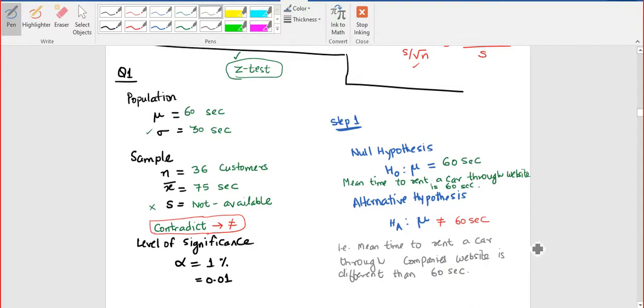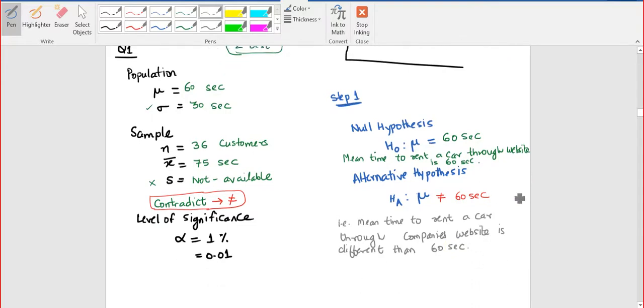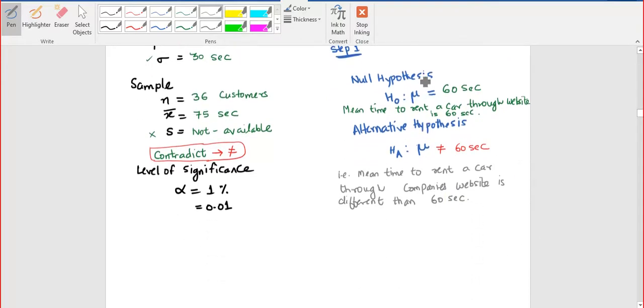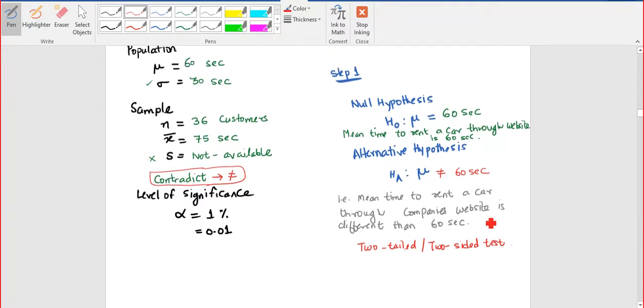Okay. Now, what kind of test is it? When the null hypothesis is equal and the alternative hypothesis is not equal, we know that this is called a two-tailed, or two-sided, test. We need to identify all this information because it is required to compare the values.